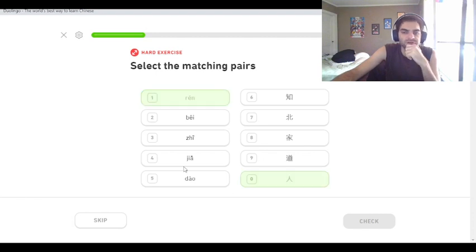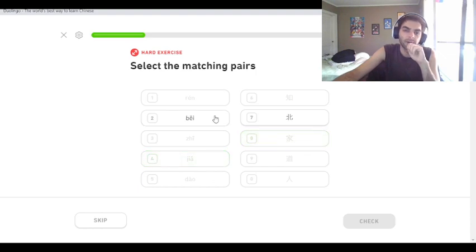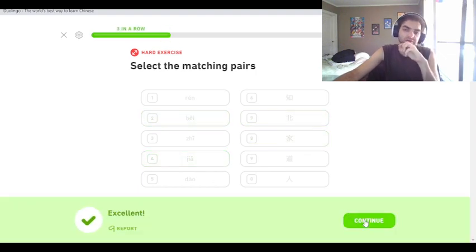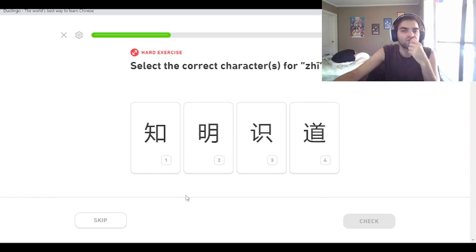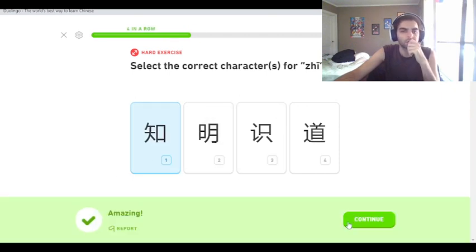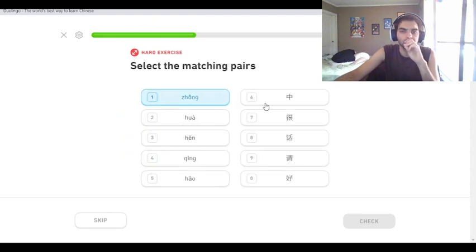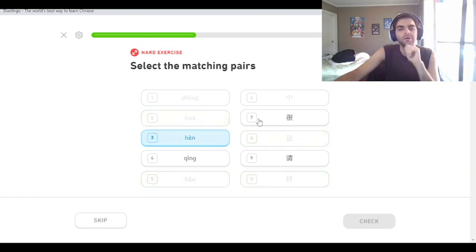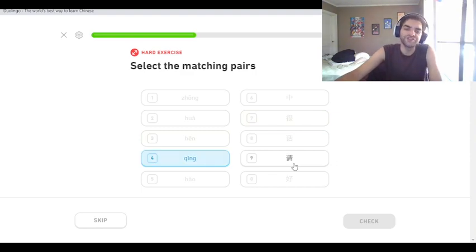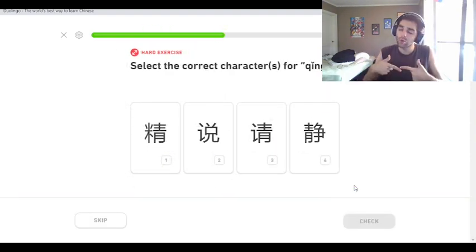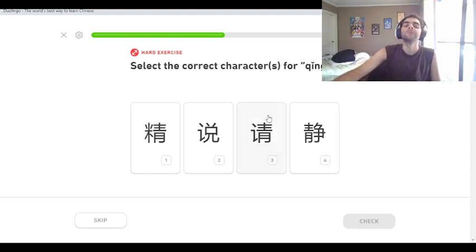It's like the matching pairs. 人, 知, I knew that. 知道. 北京. 请给我水.